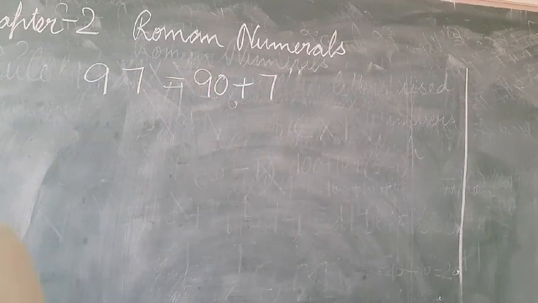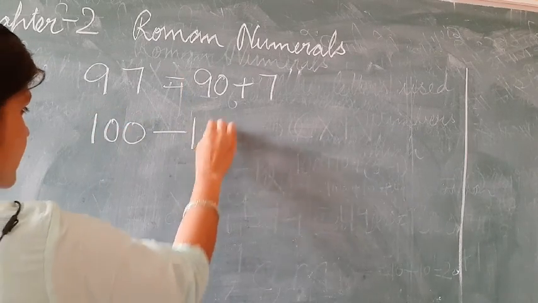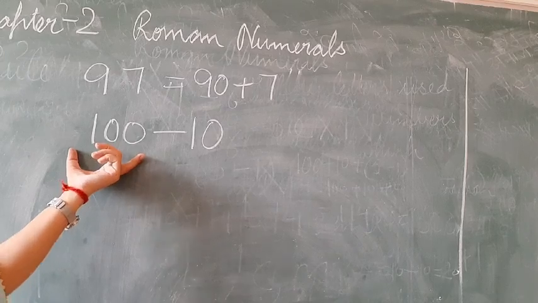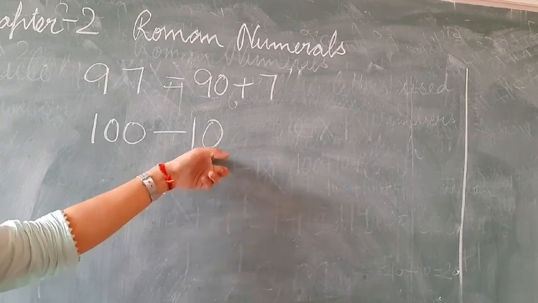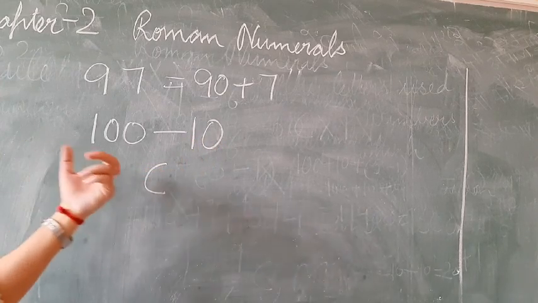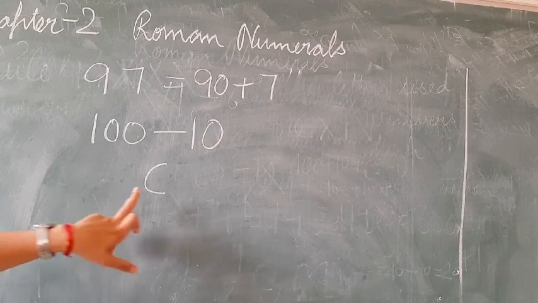Here we have to write 90. 90 is 100 minus 10. 100 is represented by C. We have to subtract 10. That means this 10 is written in left of this number.